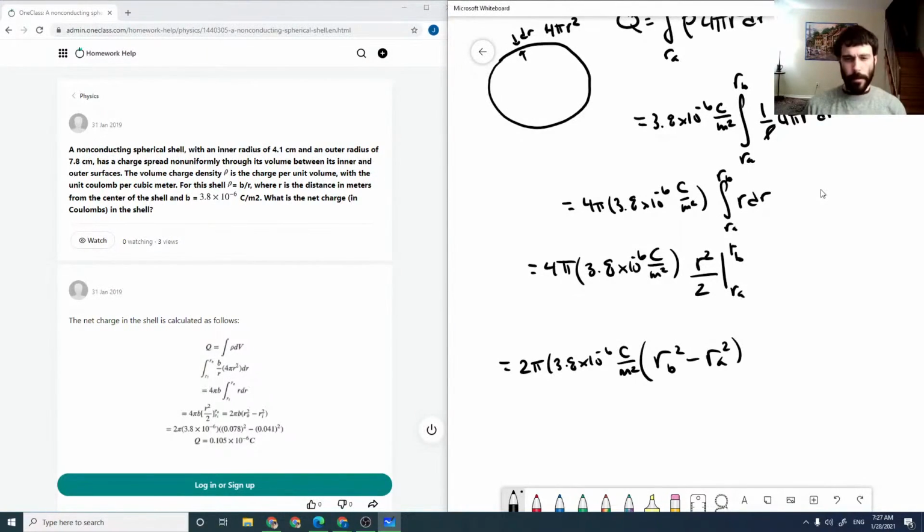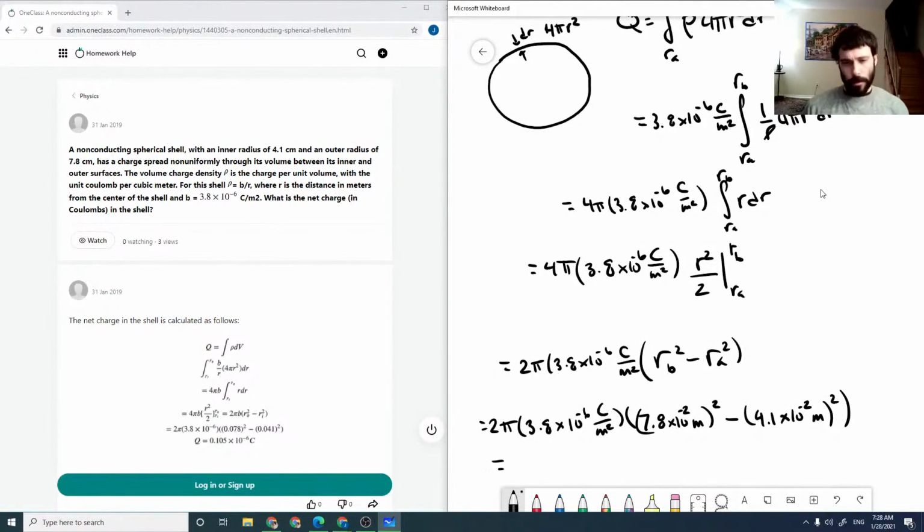And now our Rb is given in the question as 7.8 centimeters, so that's our outer radius, times 10 to the minus 2 meters, squared, minus 4.1 centimeters, which is our inner radius.